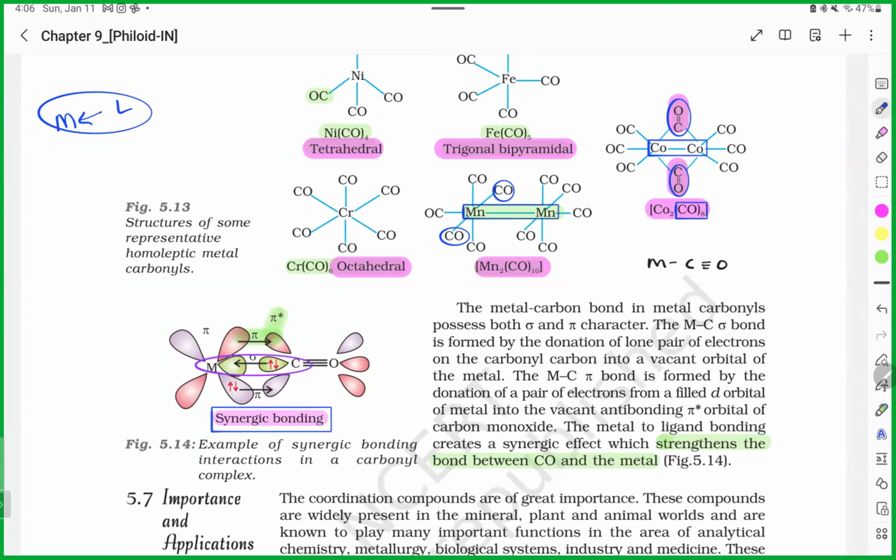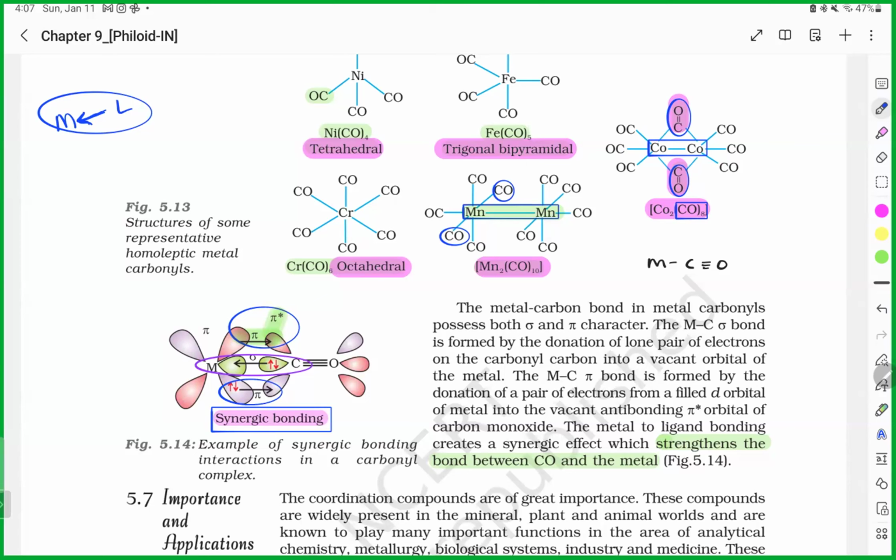That is the special thing. Mostly, only the ligand donates electrons to the metal in a coordination bond. But in the case of carbonyl, even the metal can donate electrons to the carbon, as you can see here. Pi bond is formed between the metal and carbonyl, and here the metal is donating electrons.